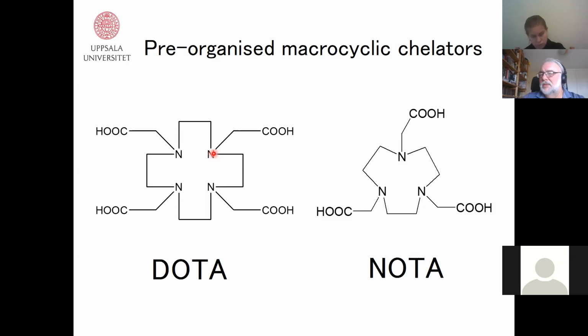One is DOTA, also having 4 nitrogen atoms and 4 carboxy groups, though the system of organization is a bit different, and NOTA, the so-called other chelator, which contains 3 nitrogen atoms pre-organized and then having 3 carboxy groups.